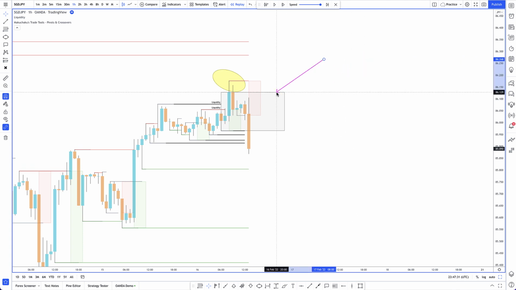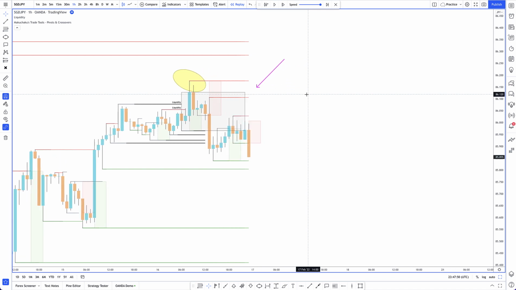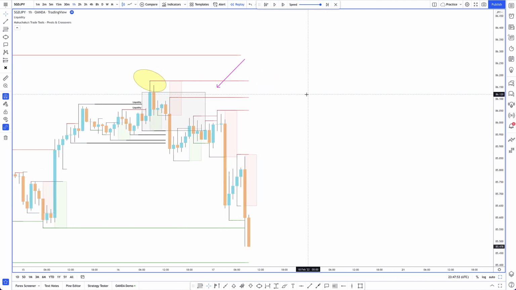This is where your stop loss will go, because it's a sell, and this is where you'll put your entry limit order. And let's see what happened to the price after that. Price came in, gave us a perfect entry over here, and then collapsed.